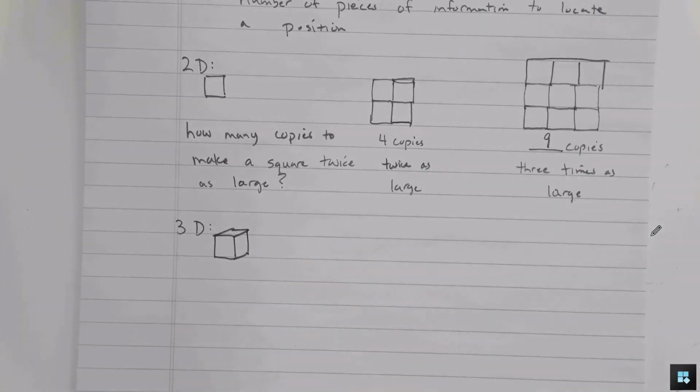So we start with a cube in 3 dimensions, and then we see how many copies we need to make a cube twice as large. Twice as large in all 3 directions.